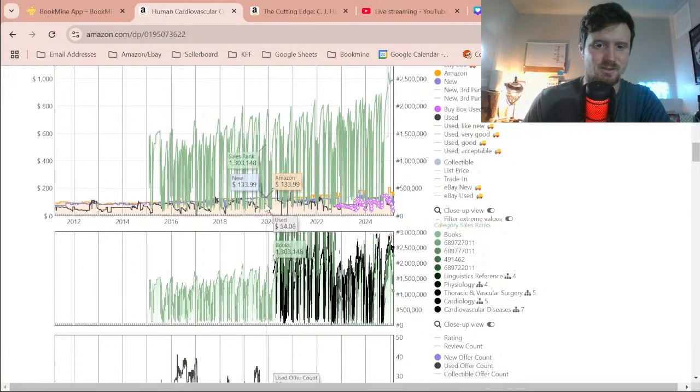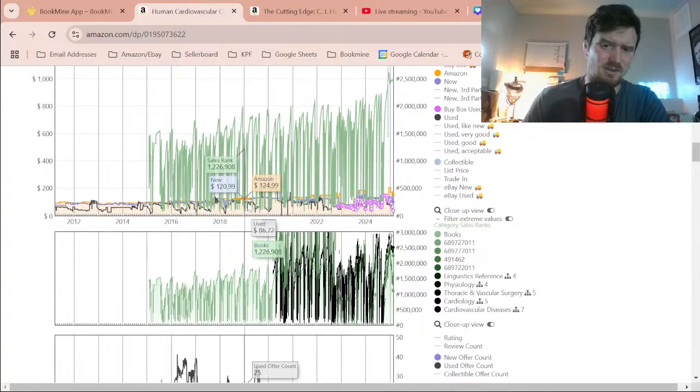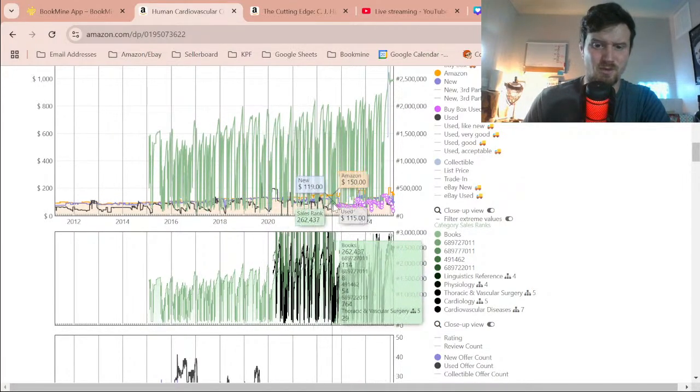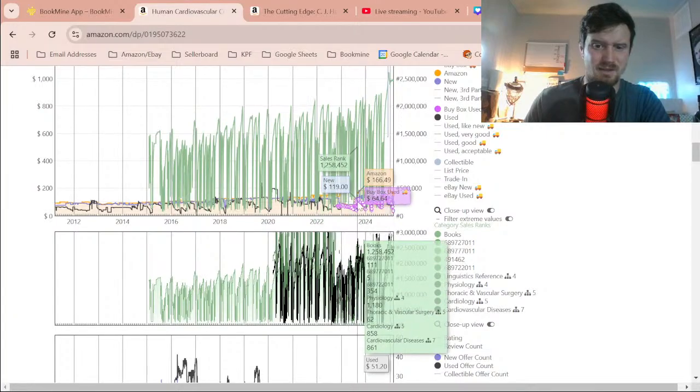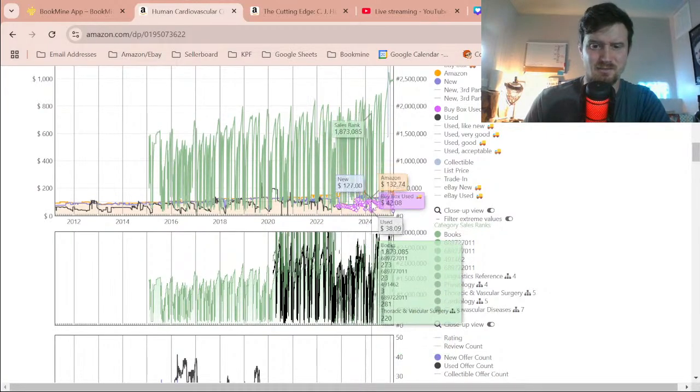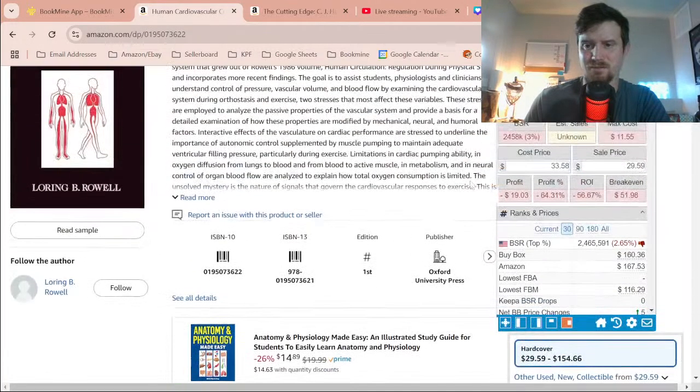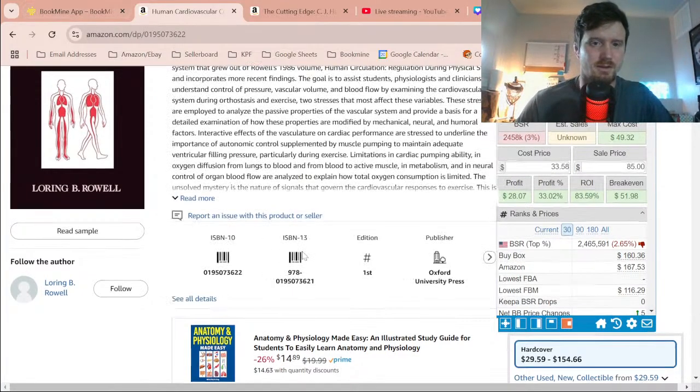Yeah, this is a solid book. It holds its price, and I'd say the shoulder price would be like 85, 90. We'll say 85. And right there is 83% ROI, $28 profit, all day long.